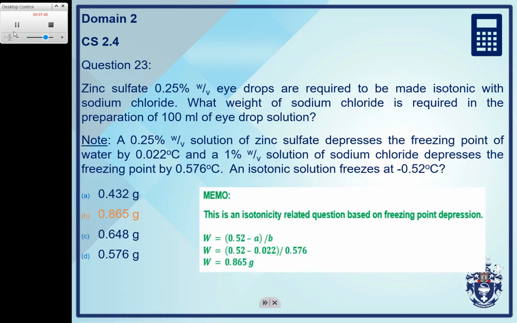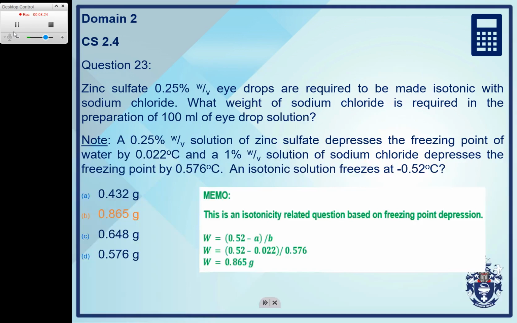In this case, based on the information supplied, the adjusting substance will be sodium chloride, and the freezing point depression of a 1% weight per volume solution of sodium chloride is 0.57 degrees Celsius. So that is supplied. The answer that you will obtain will be in percentage weight per volume or grams per 100 ml of adjusting substance needed. So let's start off and doing the calculation.